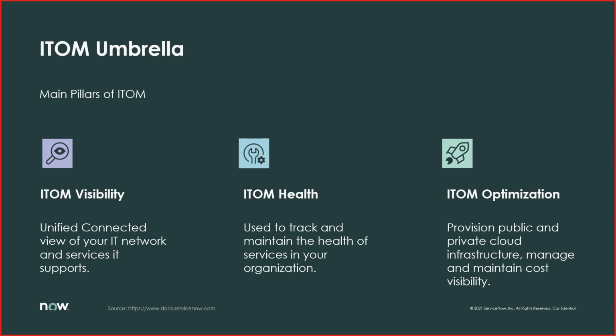So it includes the cloud management platform, CMP. So, three pillars under the ITOM umbrella: visibility, health, optimization. One more thing is coming in future releases, but I'm not allowed to share that, so it will be soon. Today's focus is on event management, which is under ITOM Health.